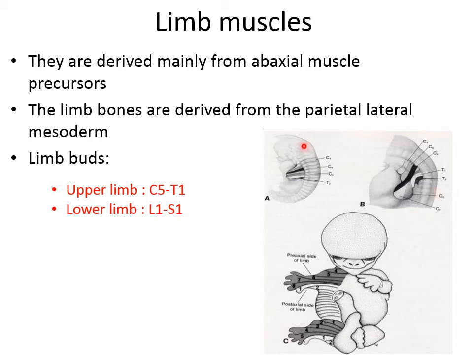This is regarding the somites and the innervation from C5 to T1 for the upper limbs, and from L1 to S1 for the lower limbs. This includes also the segmental innervation of the skin in the upper limb and the lower limb.